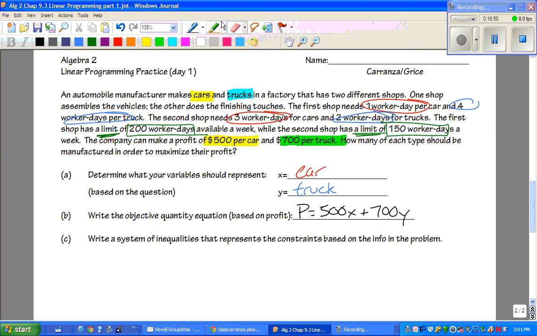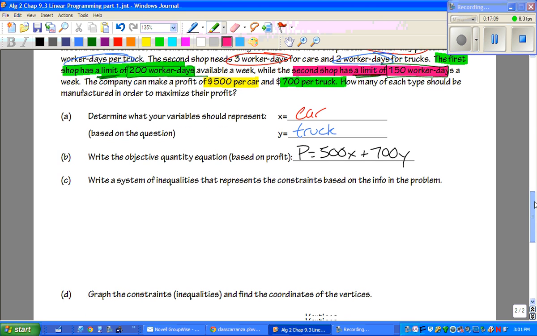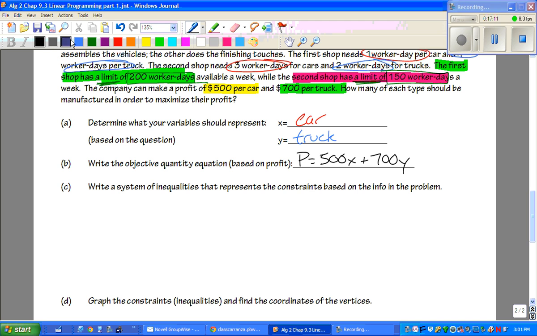All right. Now, the last part is you're looking at the limits, okay? So we're talking about the first shop has a limit of 200 workers. And now the second shop has a limit of 150. Okay? So the constraints that we're going to be talking about, we already know the given, that x is greater than or equal to 0 and y is greater than or equal to 0.